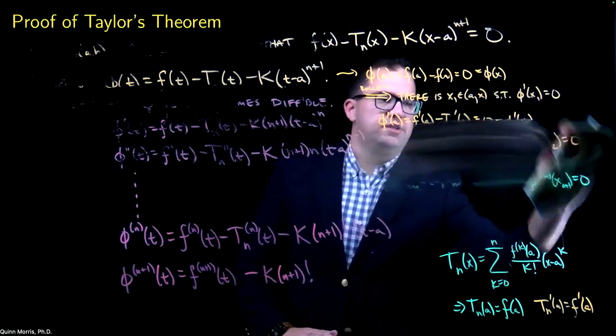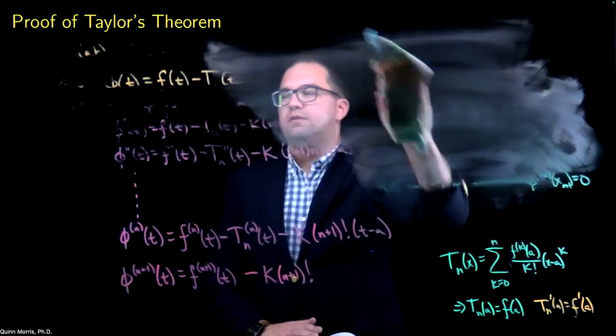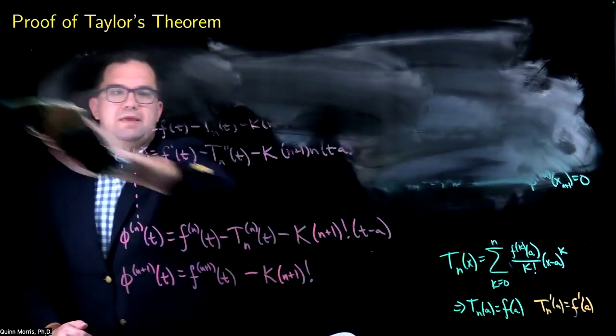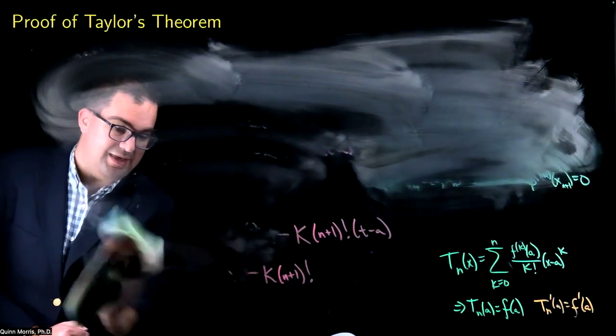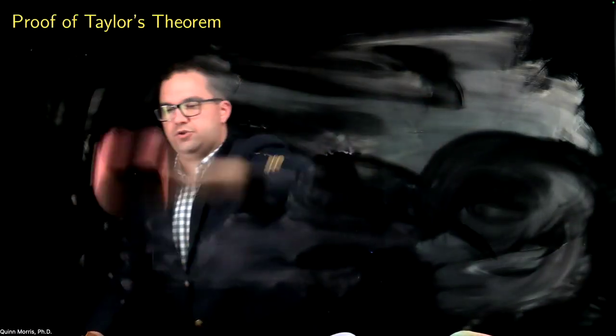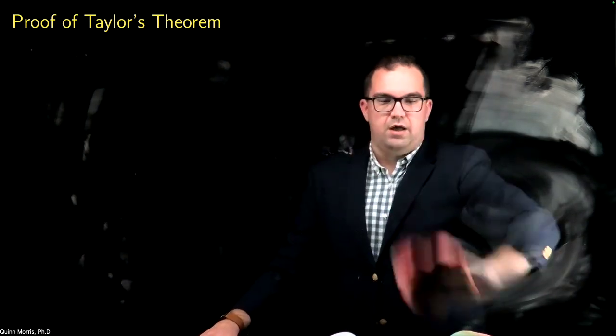So I want to now consider, well, what does it actually tell me? I have now this point x sub n plus 1, so that the n plus first derivative of phi is 0 at x sub n plus 1. And so I want to think about what does that give me? In order to do that, what I need to do is write out what is the n plus first derivative of phi.